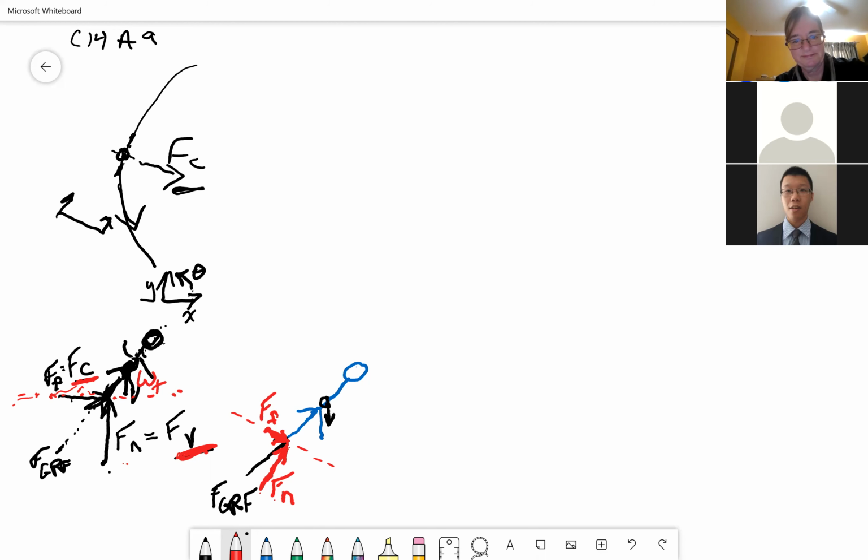The reason you want the banked surface in the first place is because you're worried that the force of static friction becomes less than the centripetal force. Is that correct?